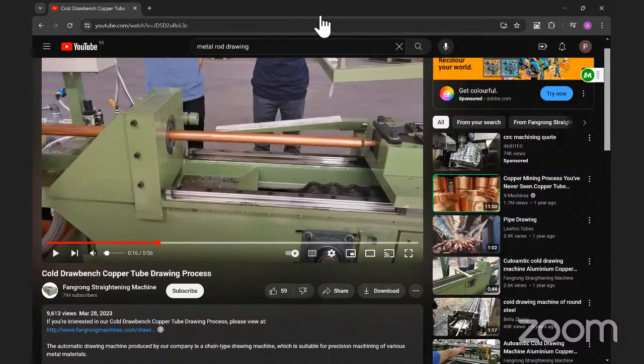You are basically pulling the copper into something smaller. This is what they mean by being ductile. It's also about pulling, but this is pulling into something longer and smaller. Why is this important? Because that's how we make small wires.